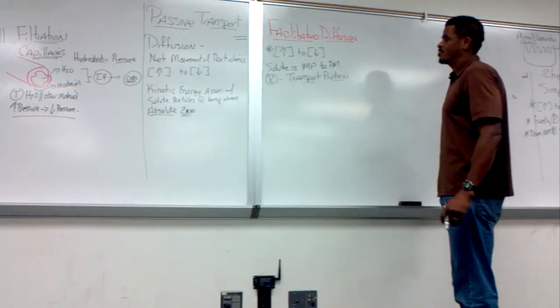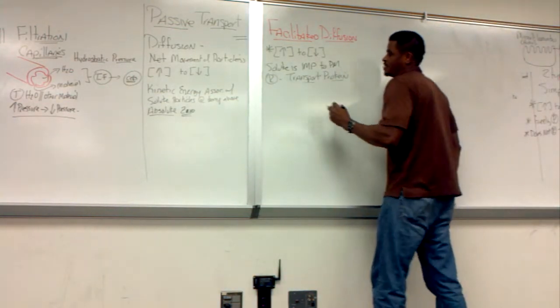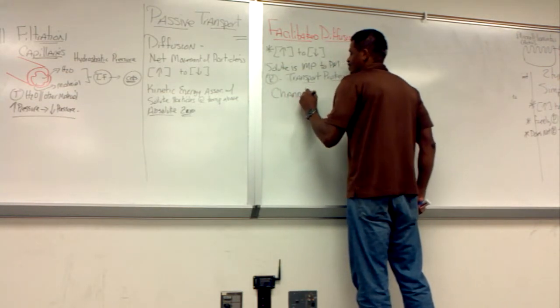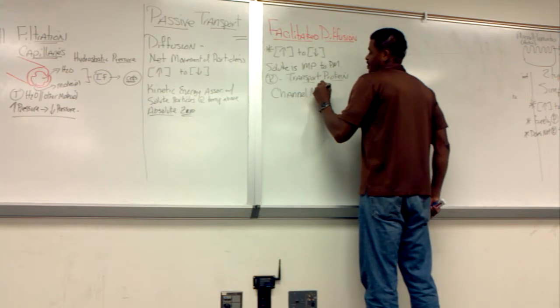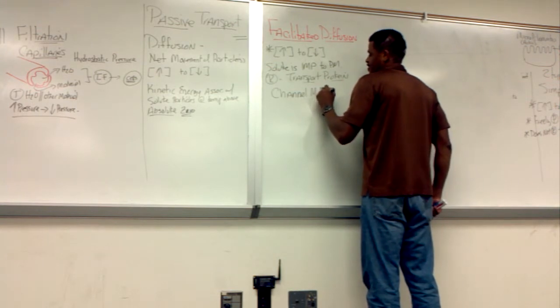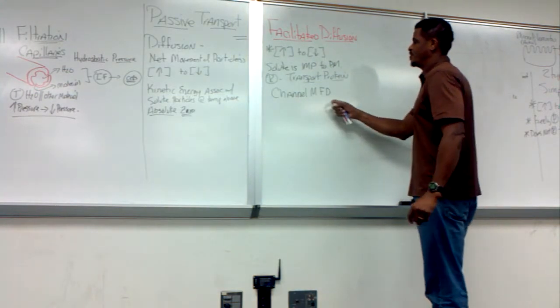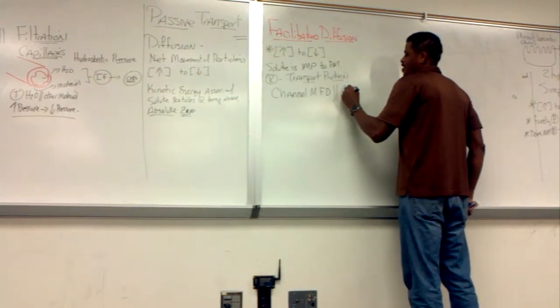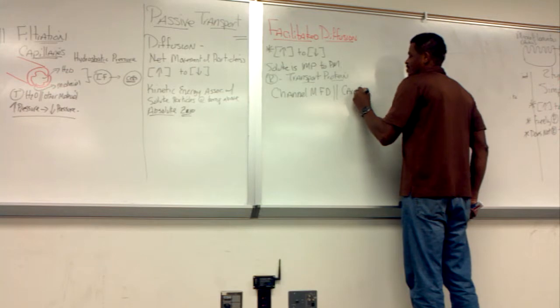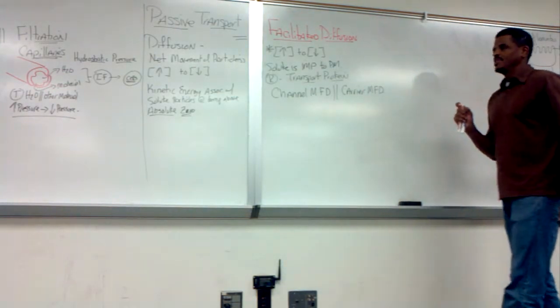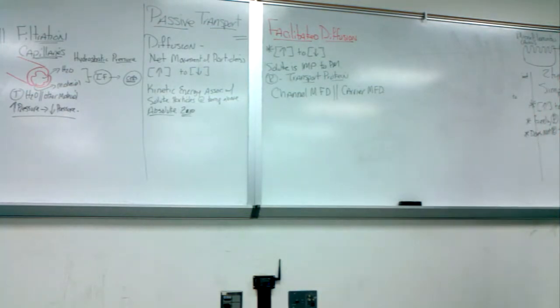We can look at two types. We have what's called channel mediated facilitated diffusion, or we have carrier mediated facilitated diffusion. As we listed the other day, when we say channel mediated, we're just referring to a channel protein.